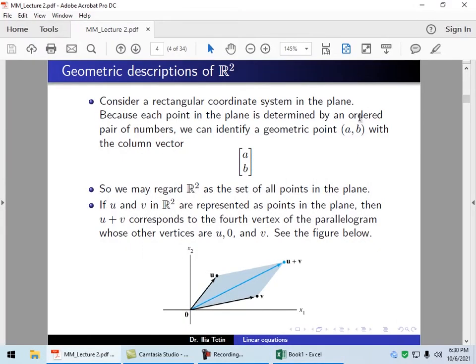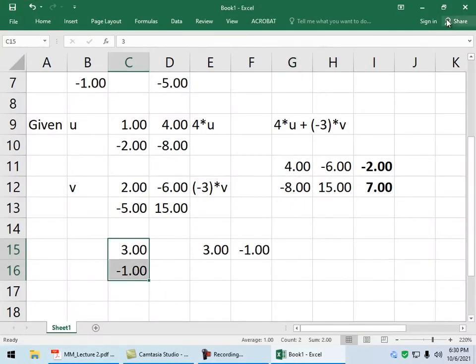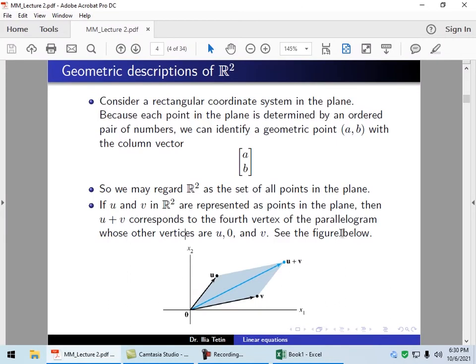Then let's return to our geometric descriptions. So how can we place on a coordinate system a vector, let's say this one, 3 and -1? What will be the shape of this vector in the coordinate system? 3 and -1.